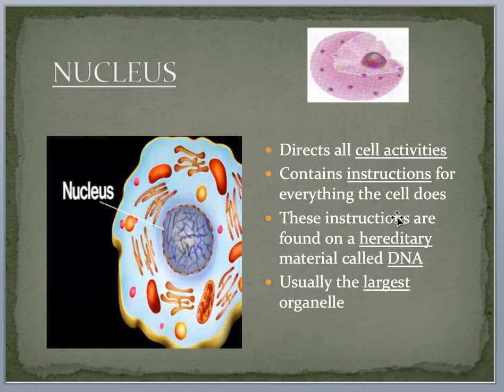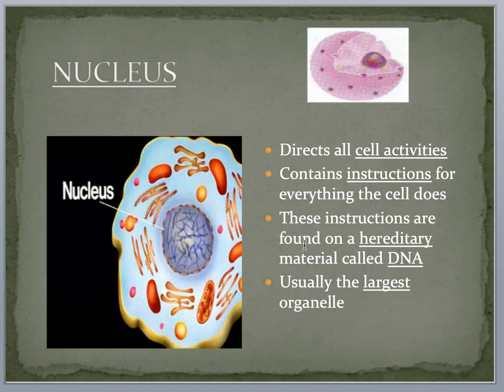Nucleus. This is the brain of a cell. If we assume this to be one cell, then this is the nucleus, and this part of the cell, sorry, I shouldn't say brain, the head. So the nucleus is the head of a cell, and it directs all cell activities and contains instructions for everything that the cell does.